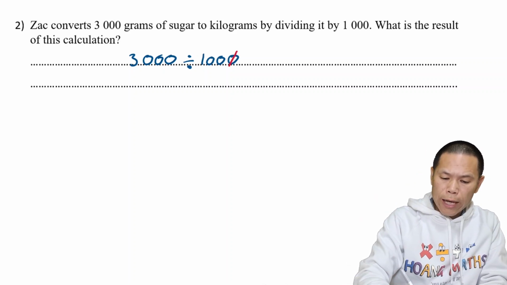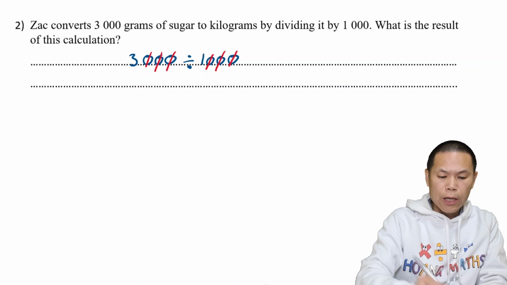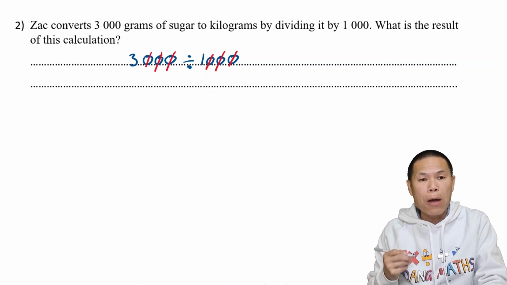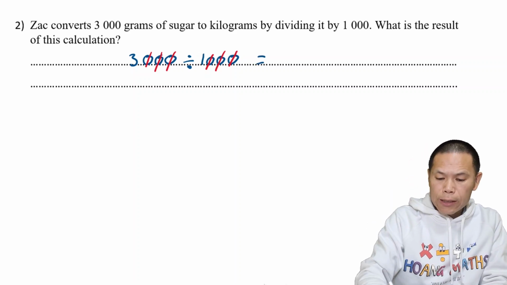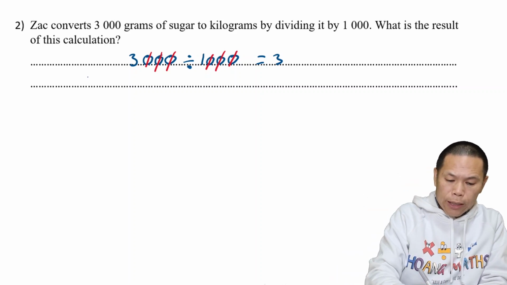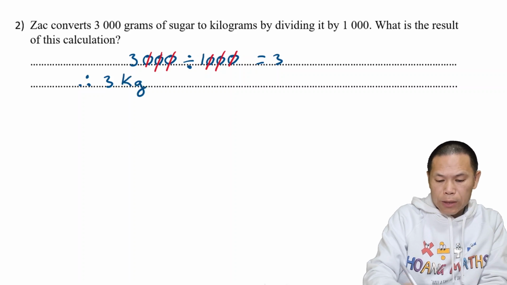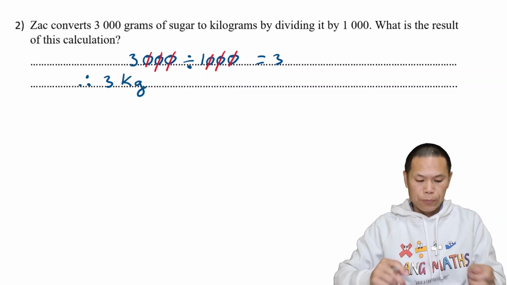This 0, we cancel with this. This 0, we cancel with this. And then this 0 here, we cancel with this. So that becomes 3 divided by 1. So the answer is 3. But because of problem solving, we can say therefore 3 kilograms. That will do.